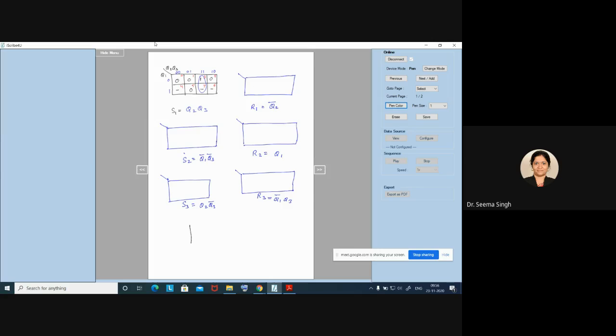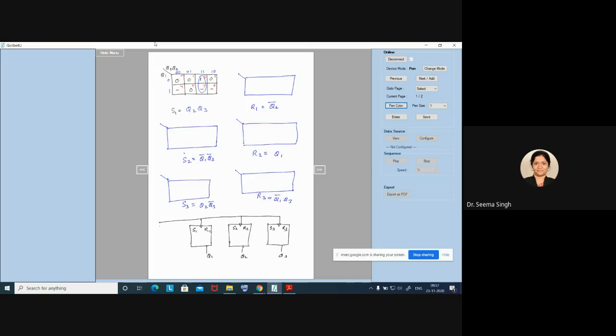So what do you have? You have 3 SR flip-flops, and you have your inputs here S1 R1, S2 R2, S3 R3, and you will have your outputs also Q1, Q2, Q3, and you will have your clock also, because it is a synchronous counter, synchronous state machine.